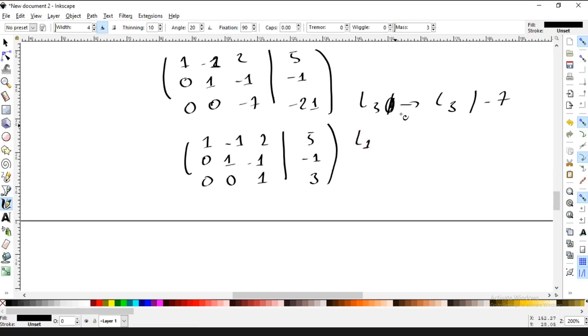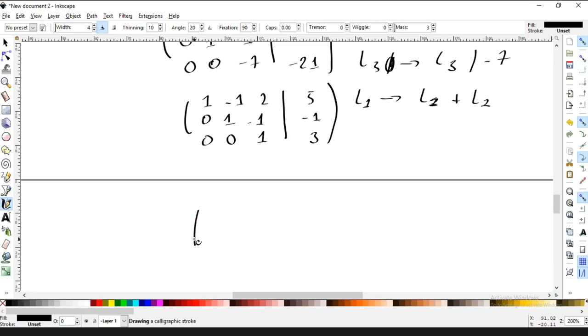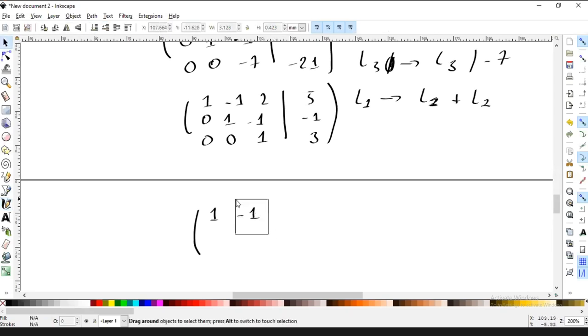All right, so L1 plus L2. Why? It's to get 0 here, right? So here everything stays the same except line 1, so I get 0 here.